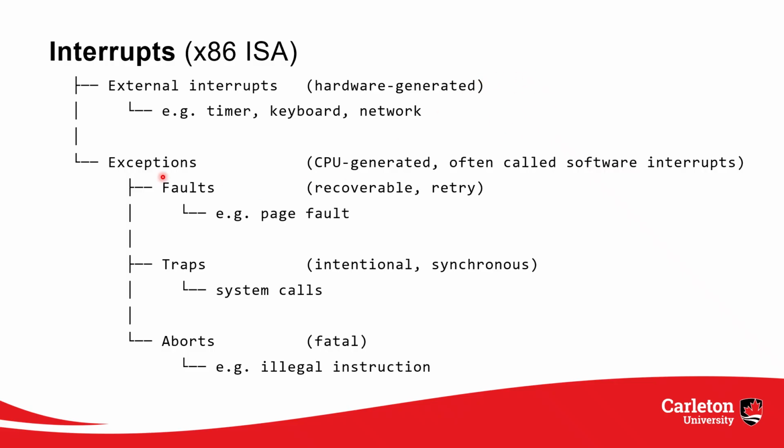Then we have this set of synchronous events that can occur that use the same hardware and systems. So we have these exceptions, which might arise as any of these 3 things. And the key difference between these external interrupts and these exceptions is that exceptions are always generated synchronously, with our clock, because of executing an instruction. So maybe the easiest kind of exceptions that can occur are aborts.